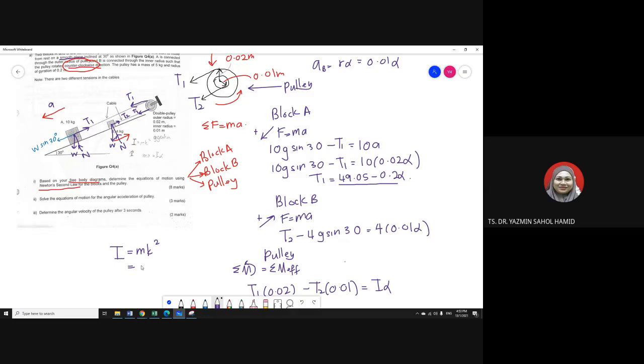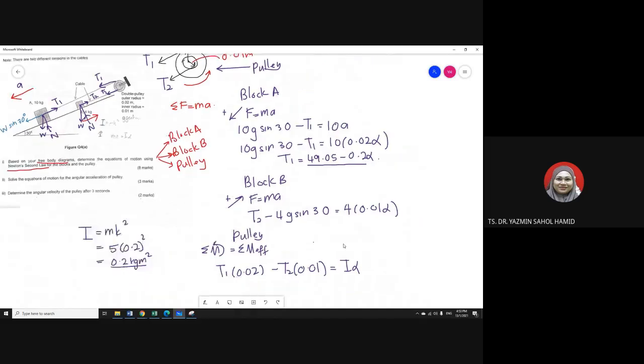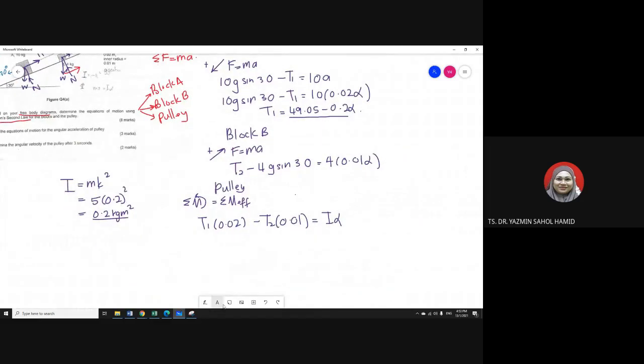The mass of our pulley is 5 kilogram, and k given is 0.2. So 5 times 0.2 times 0.2 gives 0.2 kilogram meter squared. Please don't forget to include the units when you write your equations, and practice including units when you're talking too. So I is 0.2 alpha.